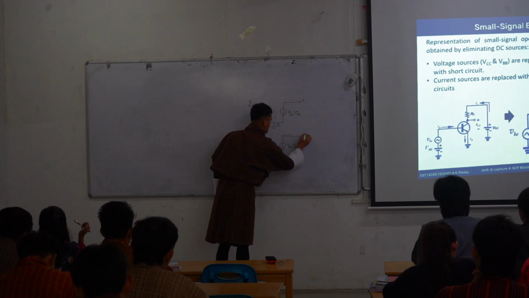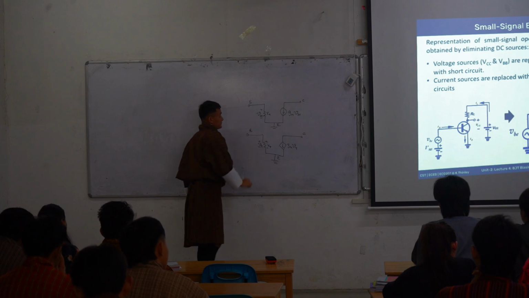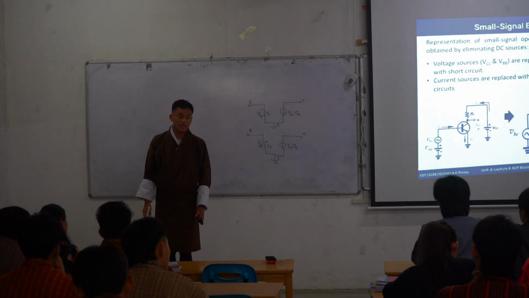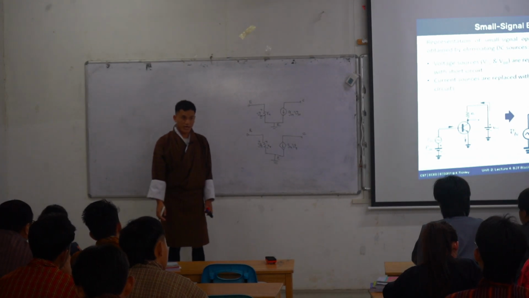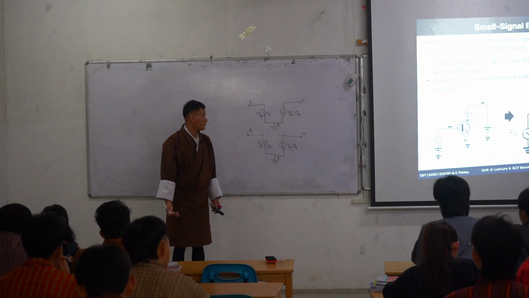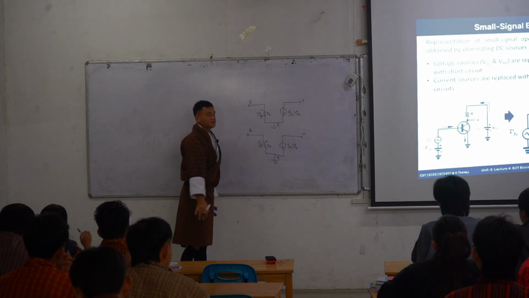This is your collector side, this is your emitter side, and this is your base side. So we can say your VBE is actually your V pi, VBE is equal to V pi.